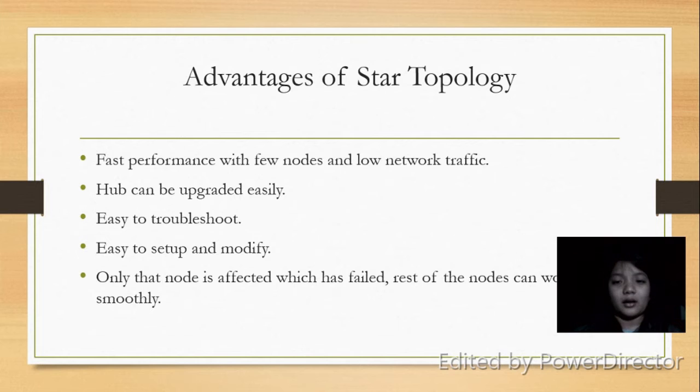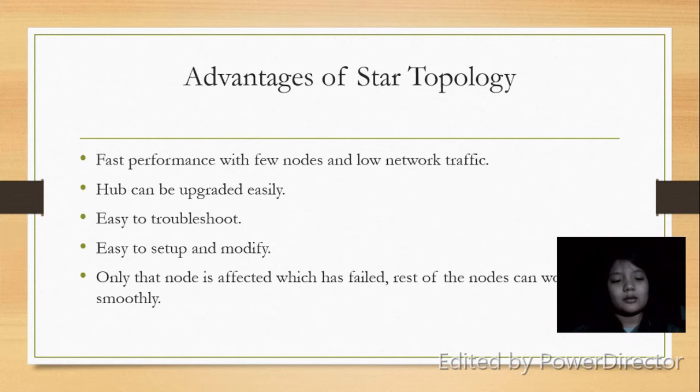Advantages of star topology. Fast performance with few nodes and low network traffic. So it is fast performance, and it also has low traffic. Then the hub can be upgraded easily. So the hub that is connected to all computers can be upgraded easily. Then it is easy to troubleshoot, easy to set up and modify.